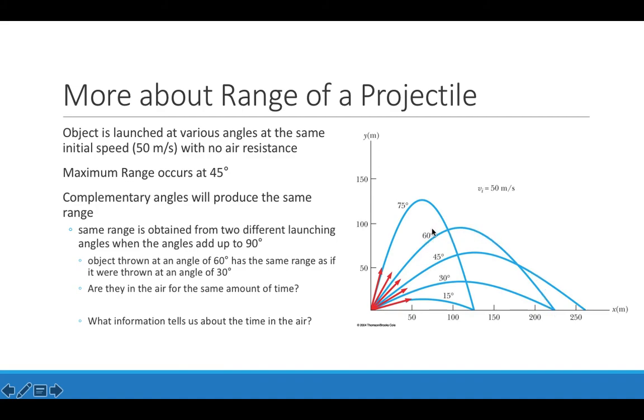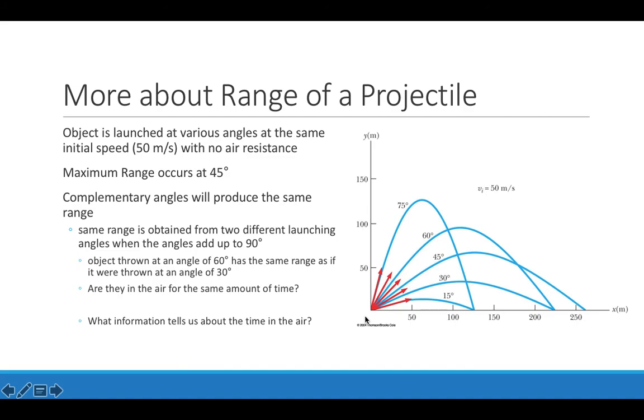So two projectiles launched from different angles at the same speed can hit the same position, and that occurs if the two angles add up to 90 degrees. The 60-degree and 30-degree projectiles both hit the same position, and they add up to 90 degrees.